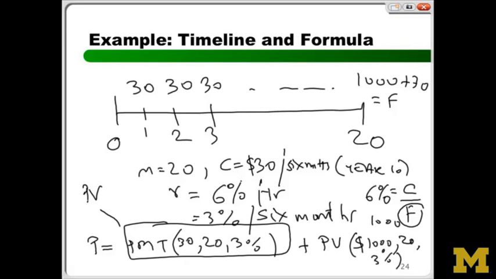So the way to think about a coupon paying bond is it has two chunks. The first chunk is a PMT chunk, a present value of a PMT chunk. The second is present value of a one shot. So you remember in the first day of class I broke up the introduction of PV and FV into two parts.